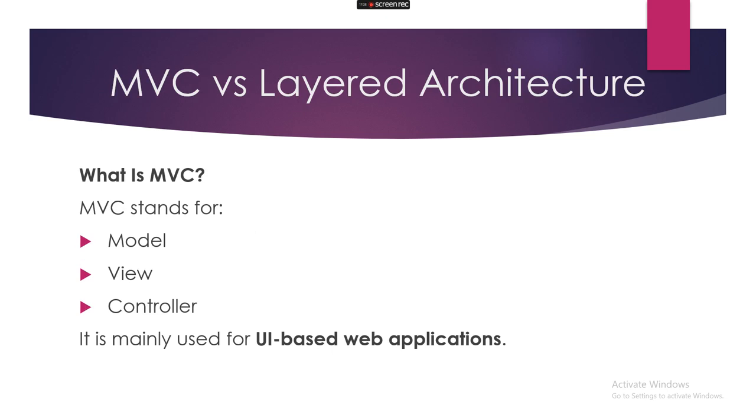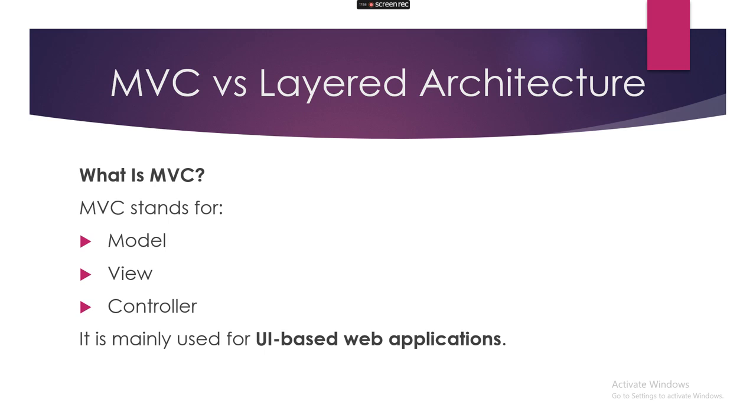Now, what is MVC? I included it here because MVC bears some resemblance, and sometimes some people get to confuse MVC versus layered architecture, especially when it comes to how APIs are used, right? Because if you look at Spring Boot, sometimes you have aspects of MVC in a layered architecture.